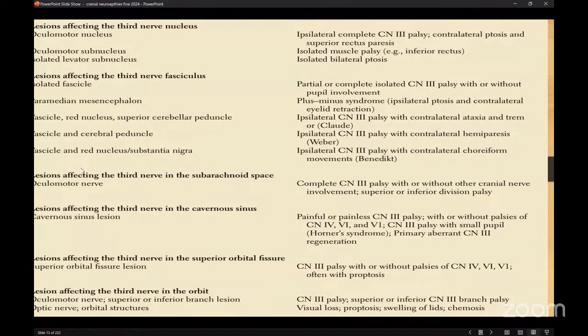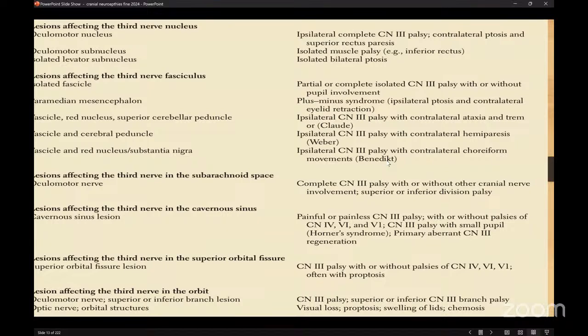Then it's third nerve fasciculus and only red nucleus or substantia nigra. It is third nerve with contralateral chorea. That is Benedict syndrome. So there is a difference between Claude and Benedict syndrome. Third nerve with contralateral hemiparesis is Weber's, is everybody clear?